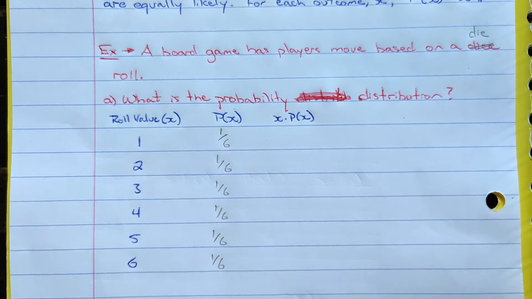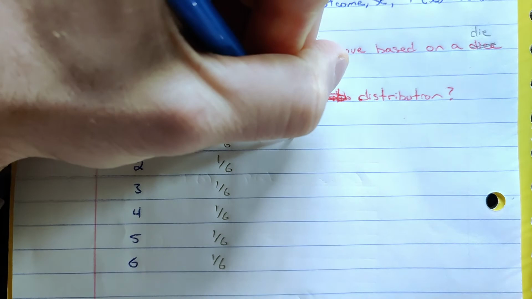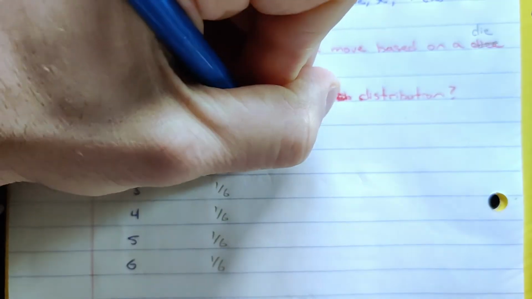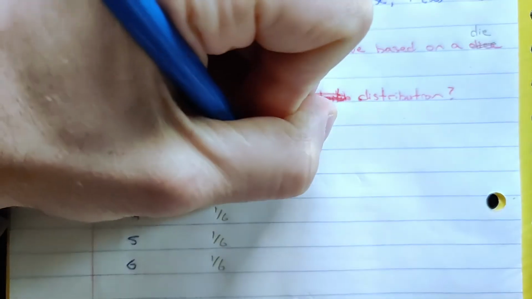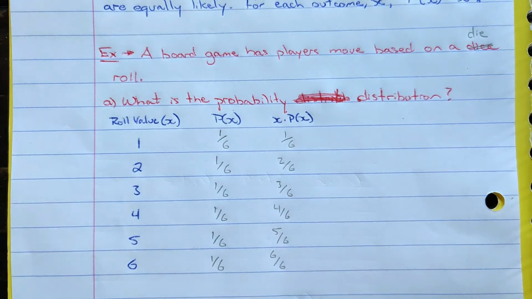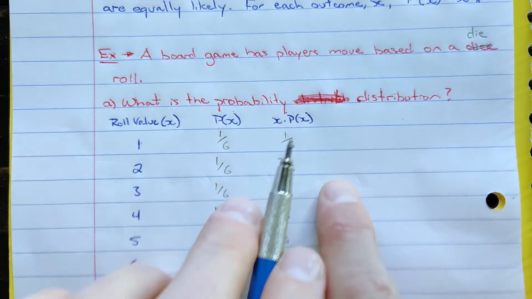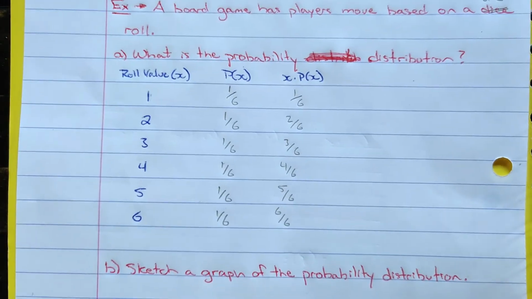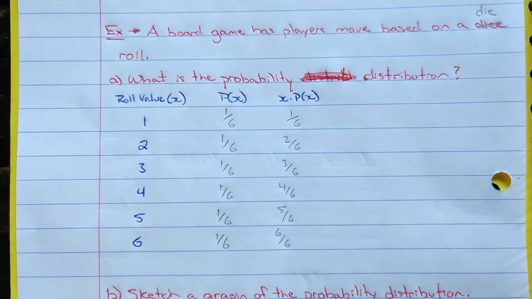And then if we actually calculate out our x times p, then we have 1 over 6, 2 over 6, 3 over 6, 4 over 6, 5 over 6, and 6 over 6. So again, we're just multiplying these two values, getting those there, which we will use shortly.